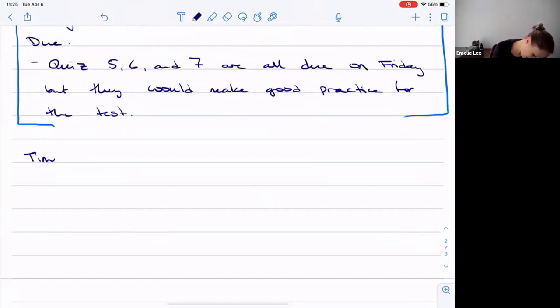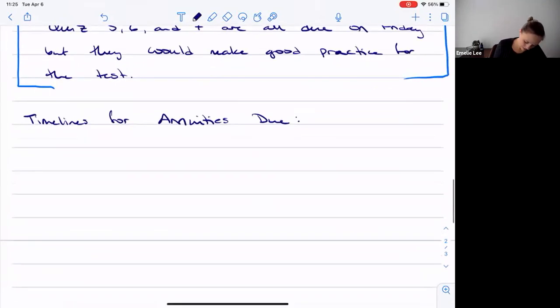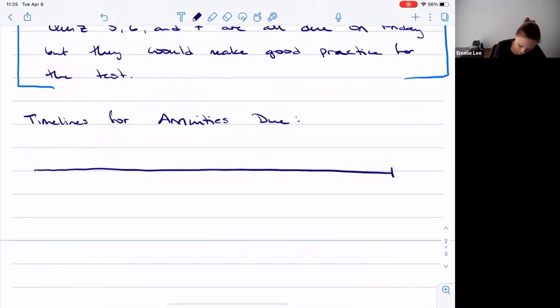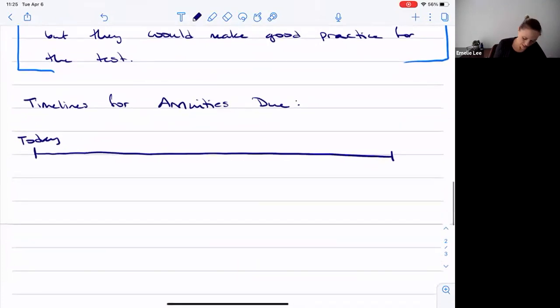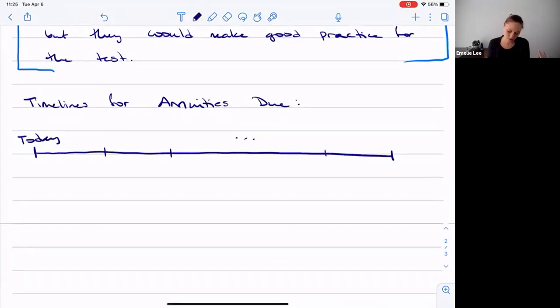So timelines for annuities due look like this. Here we are today. And again, for annuities, I need to see the first 3 ticks and the last 2 ticks at least, right? So something like this.